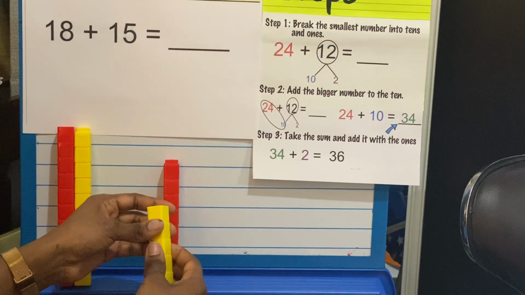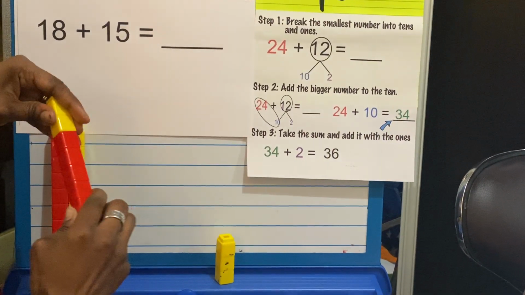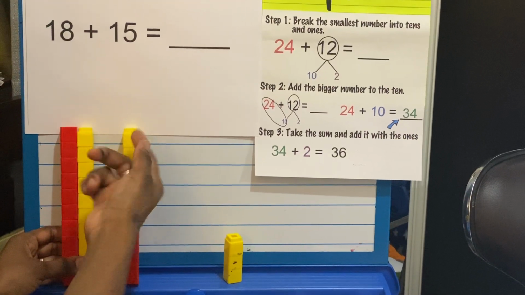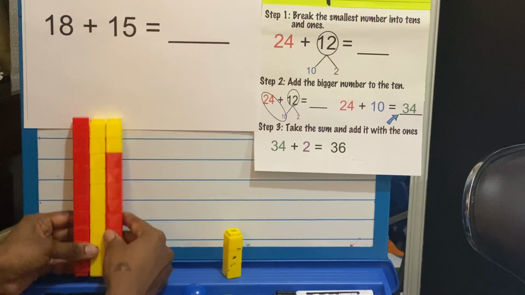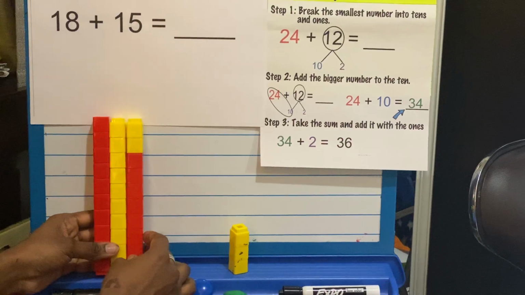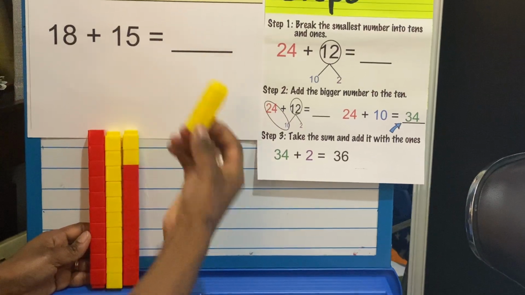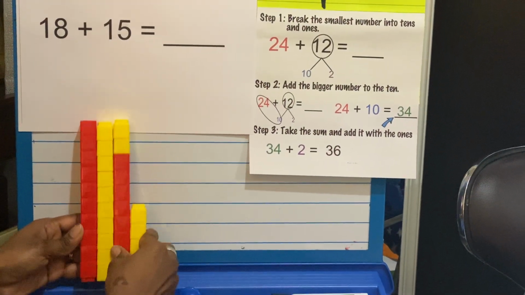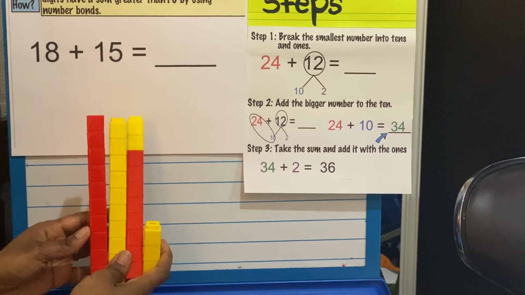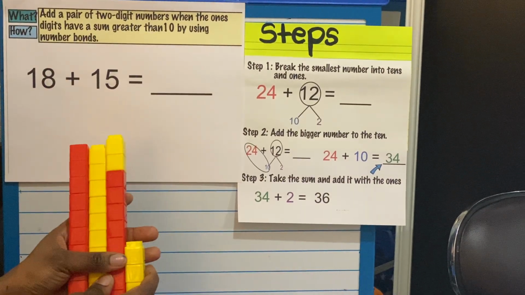If we take 2 from the 5, that is going to give us 10, because 8 plus 2 gives us 10. Now we have 3 tens, and 3 tens we know is equal to 30. So 30 plus 3 gives us 33. So that's representing the sum of 18 plus 15 using our manipulatives.